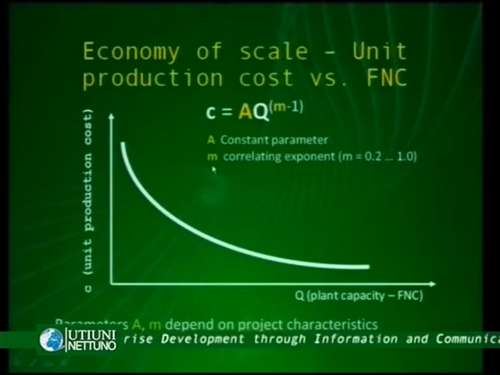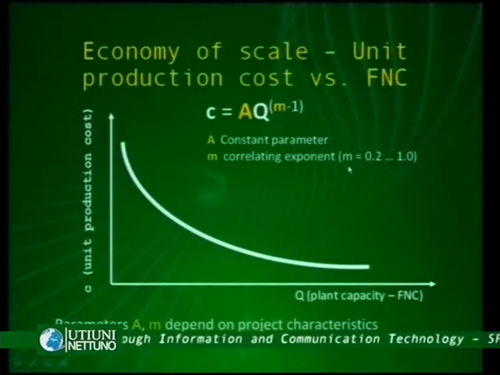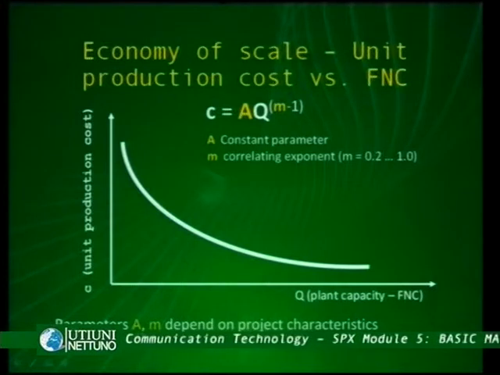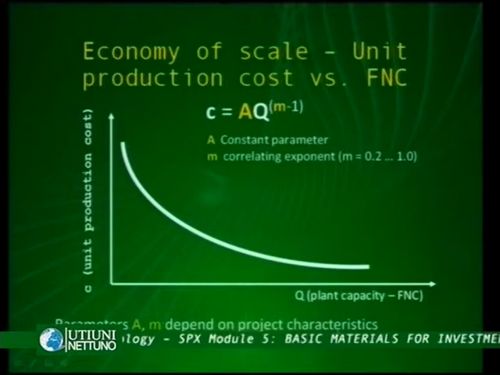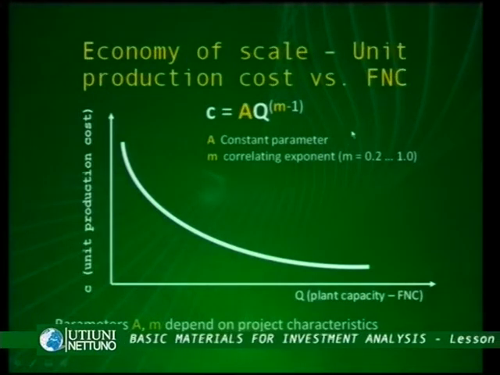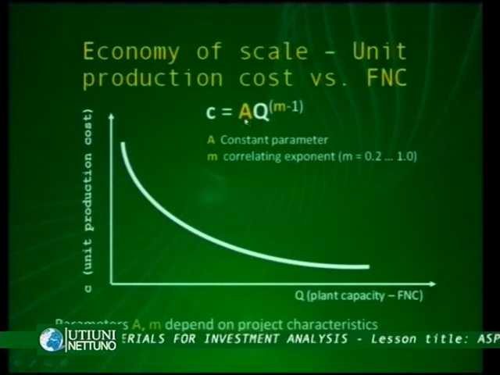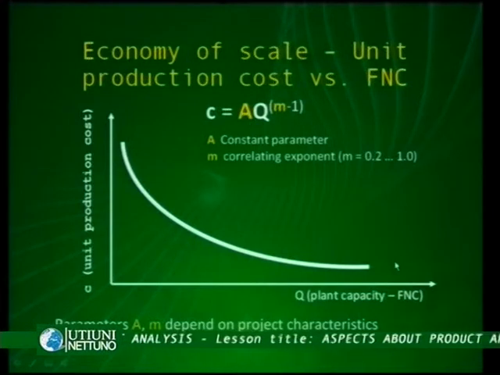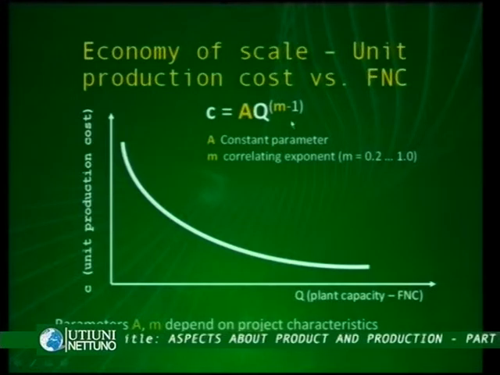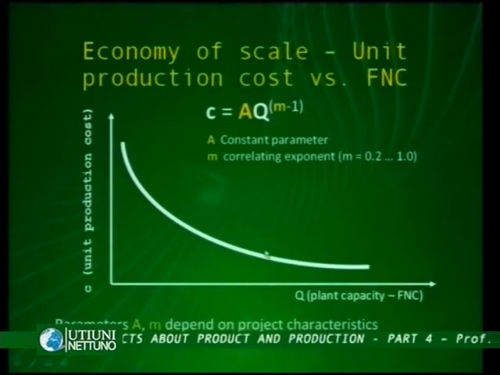Now, M, as we will see, is the so-called correlating exponent. Parameters A and M both depend on project characteristics. For example, A has some influence on the shape of the curve, but M, being the exponent, is very influential on the shape of the curve.